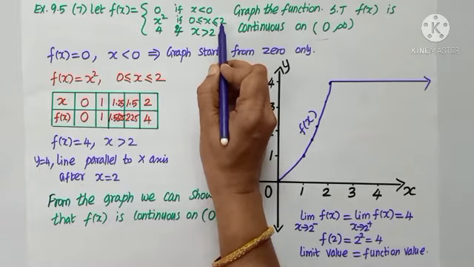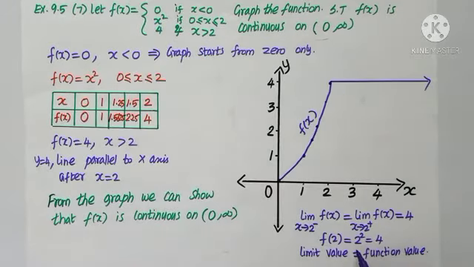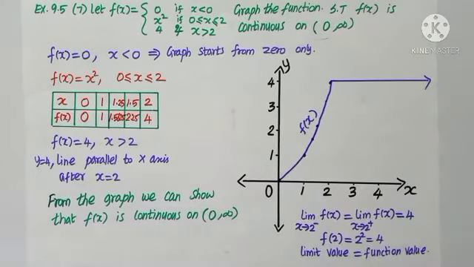Substituting here, 2 square is 4, so f of 2 is 4. As I check, the left limit, the right limit, and the function value are equal, and so algebraically I can conclude it is a continuous function from 0 to infinity.